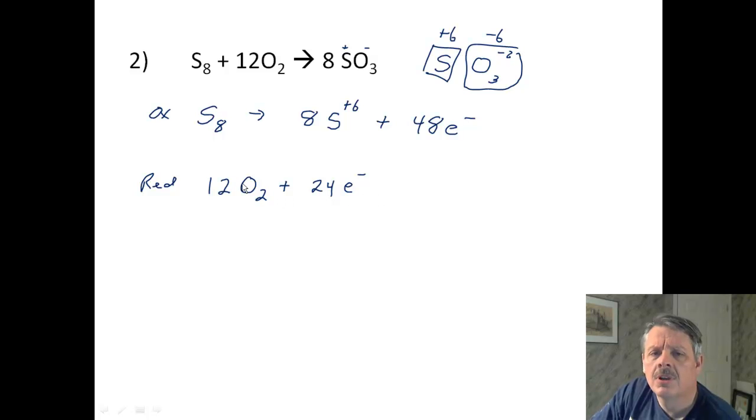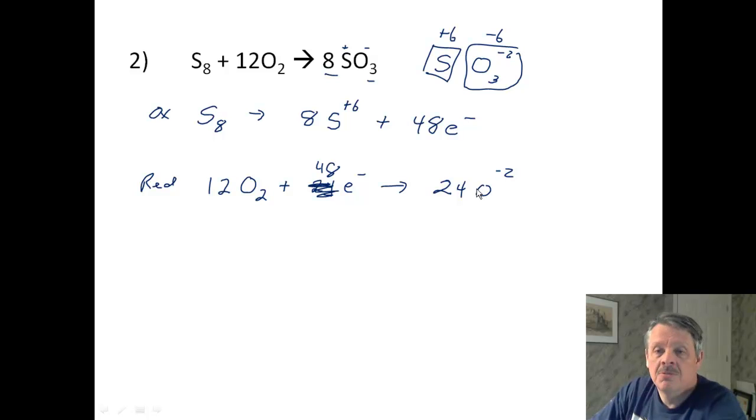I've got 12 O2s, which is 24 oxygens, so that's 48 electrons. I have to gain 48 electrons to become 8 S times O3. So I have 24 O's with a negative 2 charge, which would in fact take 48 electrons.